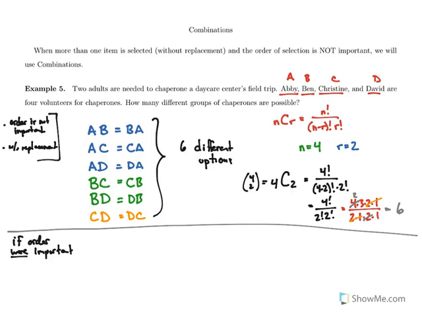If order were important, what would be the answer? Here I've written them all down. We would have 12 different options. That is, 4P2 is 4 factorial over 2 factorial, which is 12.